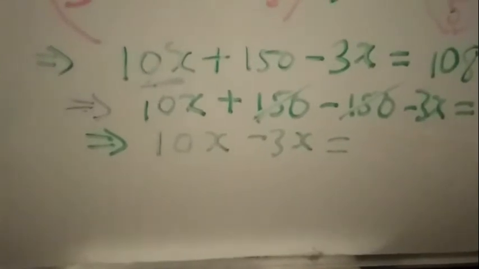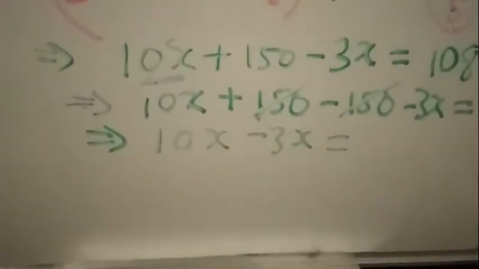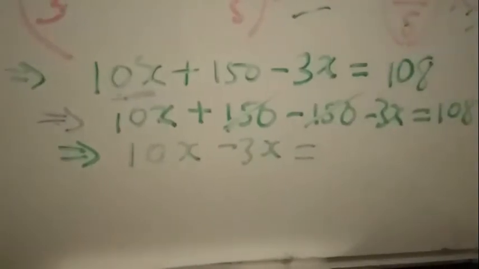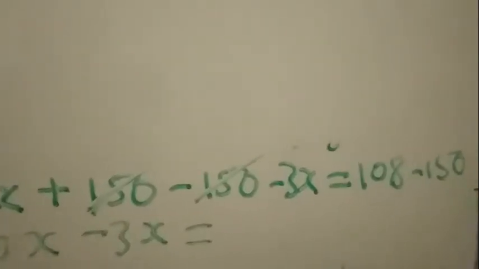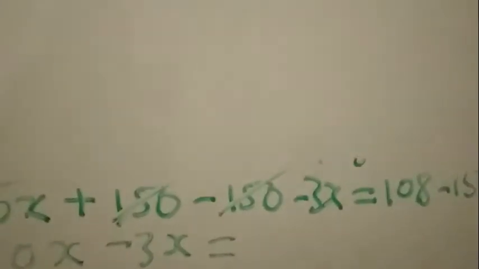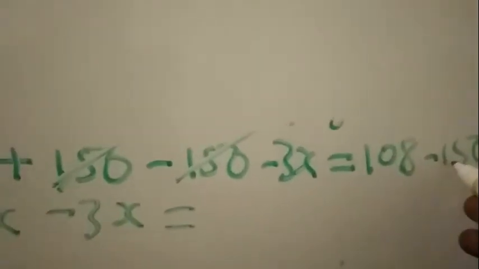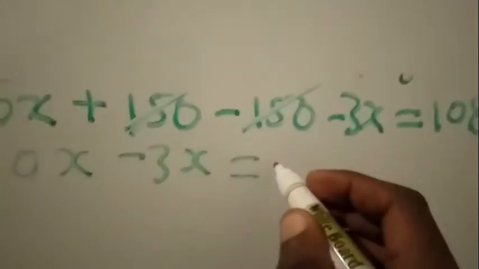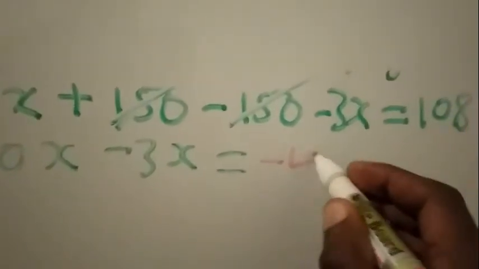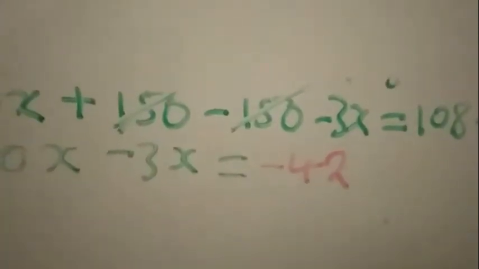Okay, so what you do over there is when you subtract, you get a negative, because 150 is greater than 108, so our answer should be negative 42.